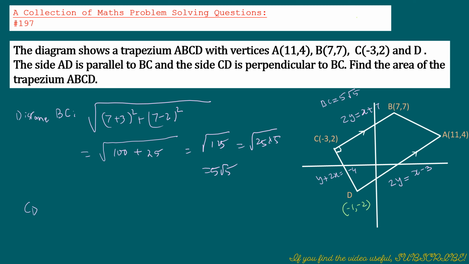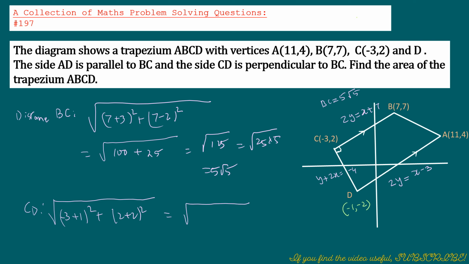Now we have to find CD. CD would be the square root of minus 3 plus 1 whole squared plus 2 plus 2 whole squared.